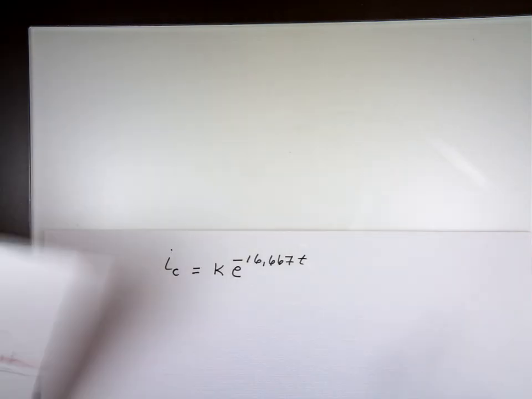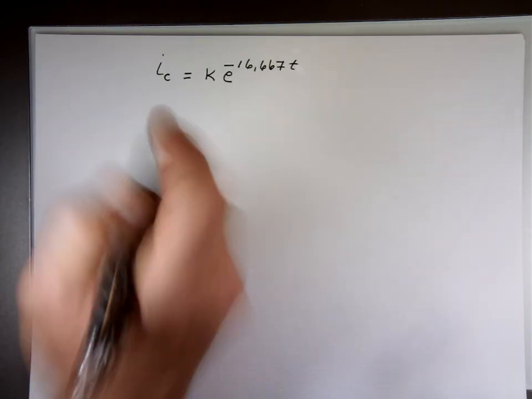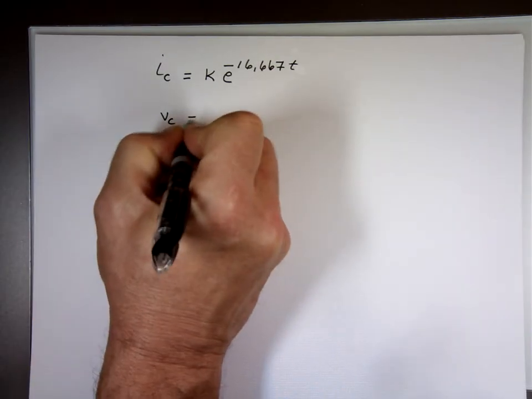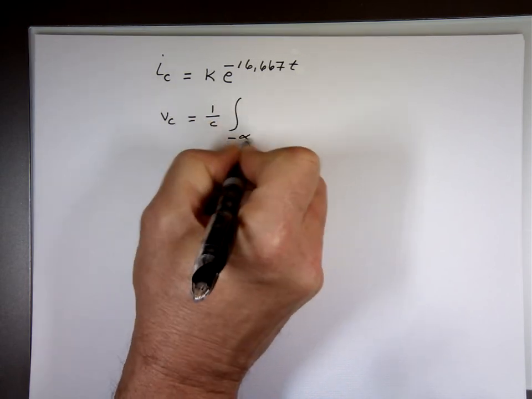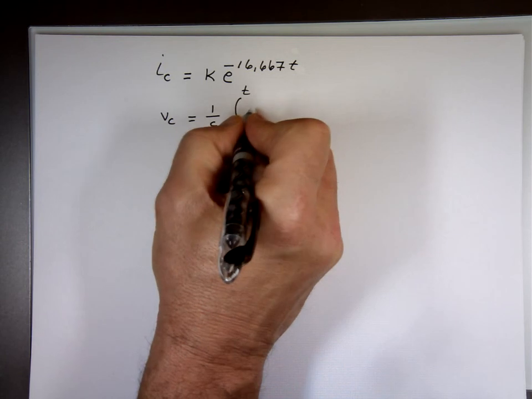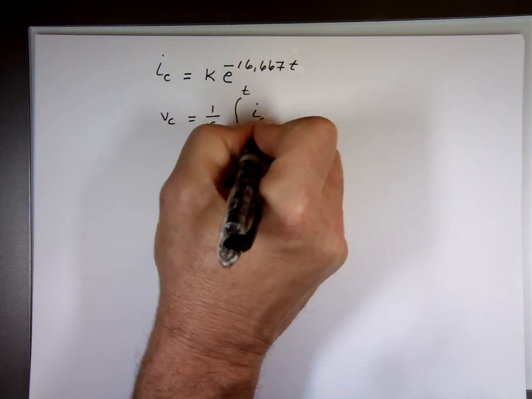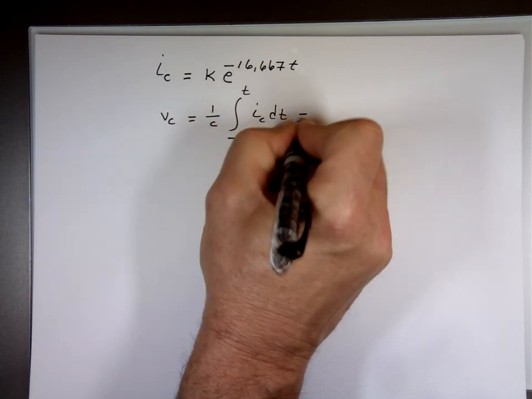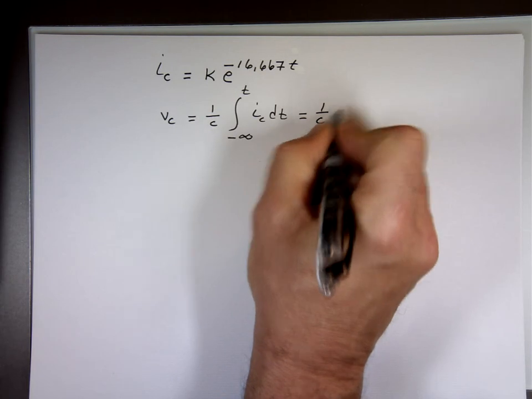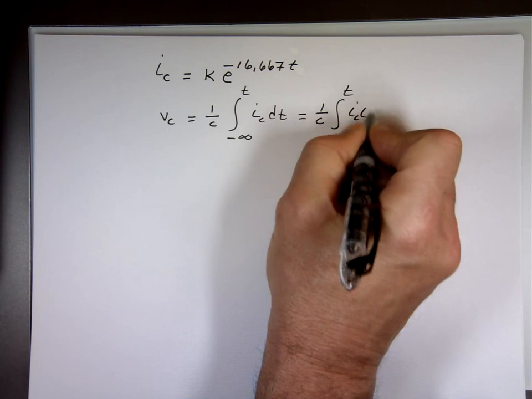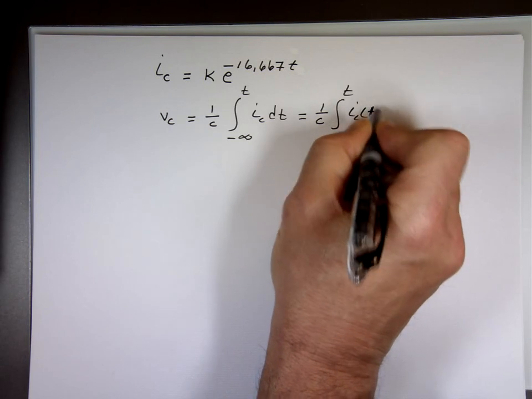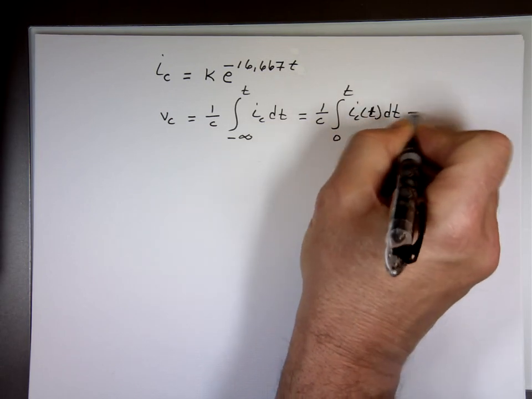So the voltage across the capacitor is 1 over C, the integral from negative infinity to t of I_C dt, or 1 over C, the integral from 0 to t of I_C dt, plus the voltage across the capacitor at 0 minus.